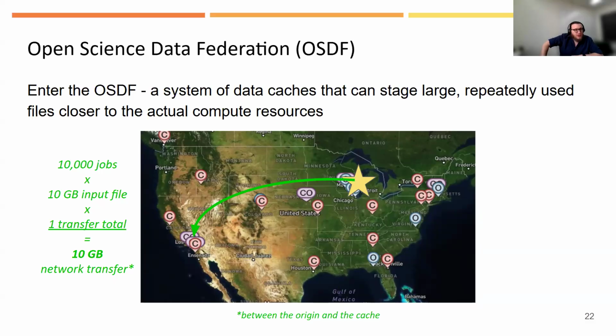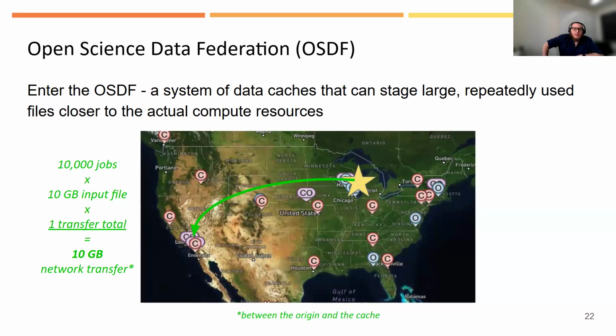Now, it is important to note that this is saving the transfers between the Midwest and California. There's still the transfer between the cache and the data center where the computing is actually happening. But that's going to be a much shorter round trip. It should have some pretty decent speeds.